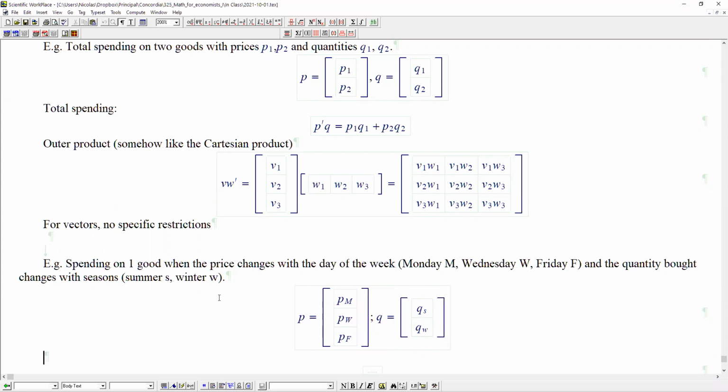And then the outer product would be a 3x2 matrix of all possible spending combinations.